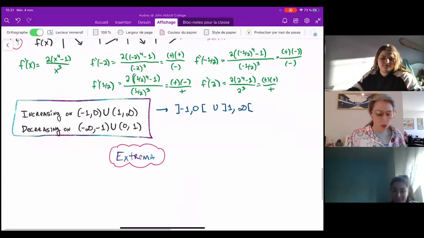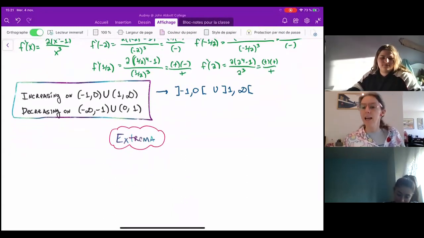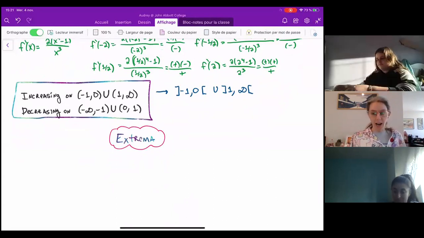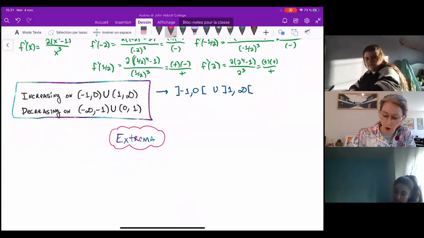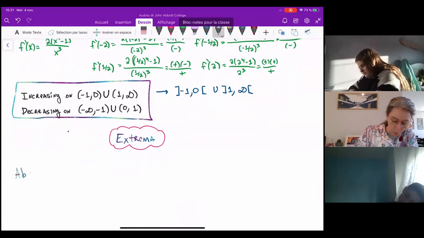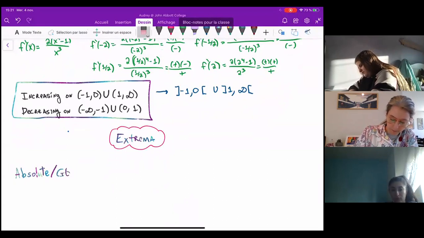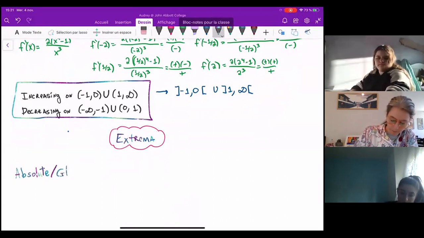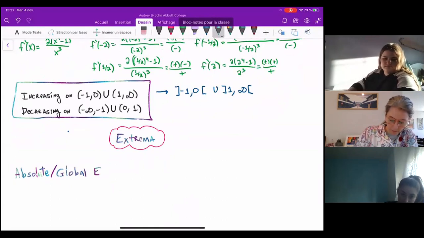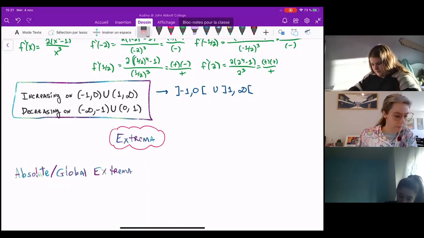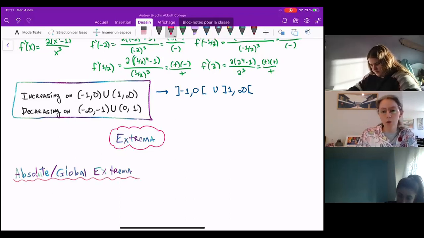Okay, good, awesome. So extrema. What extrema is, is maximum and minimum of functions. So we have two different types of extrema. We have something called absolute extrema, which is also sometimes known as global extrema. So this would be absolute maximum and absolute minimum.